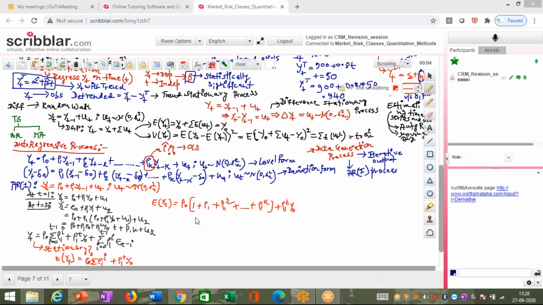Okay, so one thing that you can see is that this series of rho is in a geometric progression.